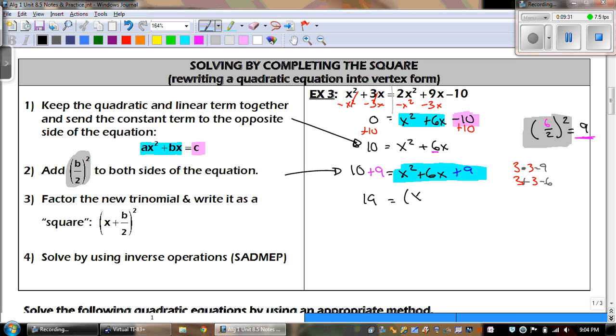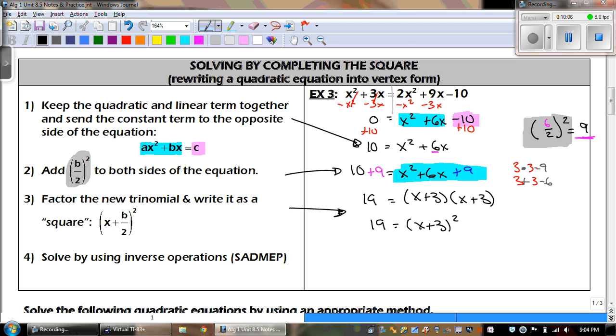Okay, that turns into x plus 3 times x plus 3. Now the thing is, we want to rewrite that into vertex form. So what we're really saying there is 19 equals x plus 3 squared. And now we can solve it, so that's the factoring part.